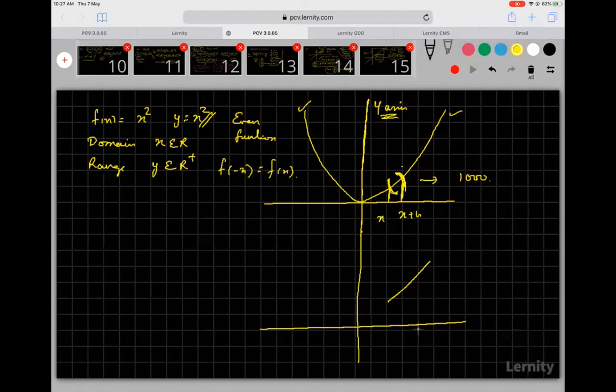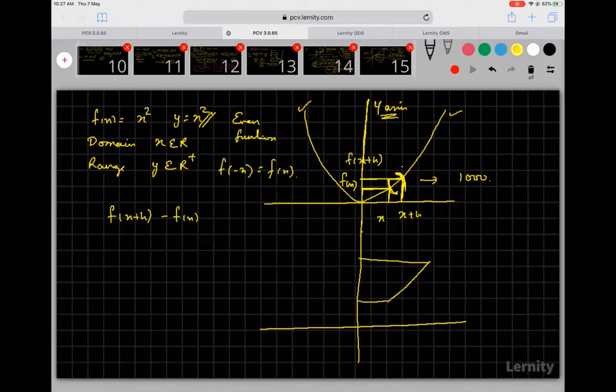Now, what is this value here? This value is f of x. What is this value here? f of x plus h. So when you do f of x plus h minus f of x, what are you doing? You have this value, you have this value.